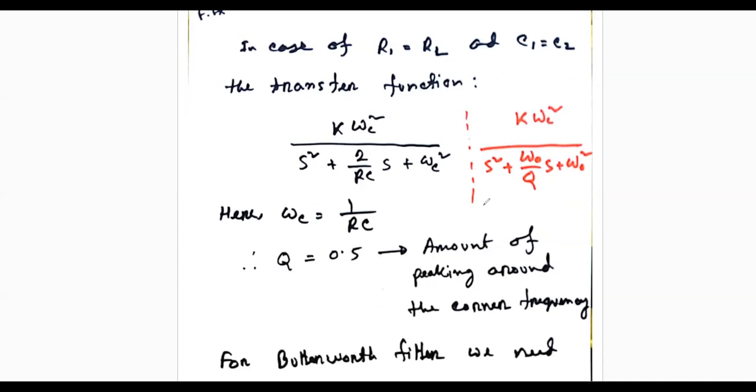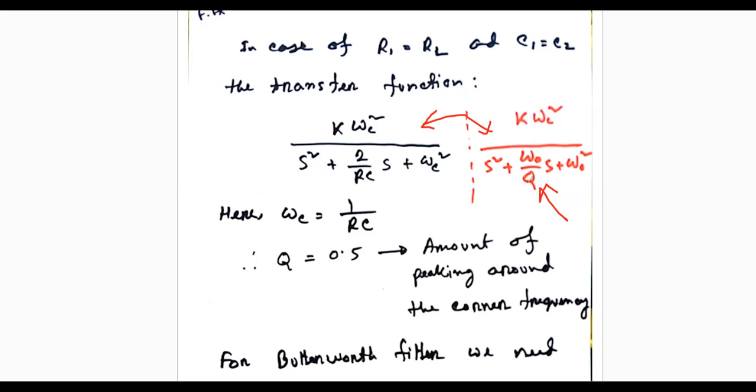Now there is a term we are talking about here. This is Q. Q is the quality factor of a system, or sometimes we say that this is the Q point of a filter. So Q is equal to 0.5 for this case. If we compare these two general equations, here we can find what Q is: omega 0 by some constant value.